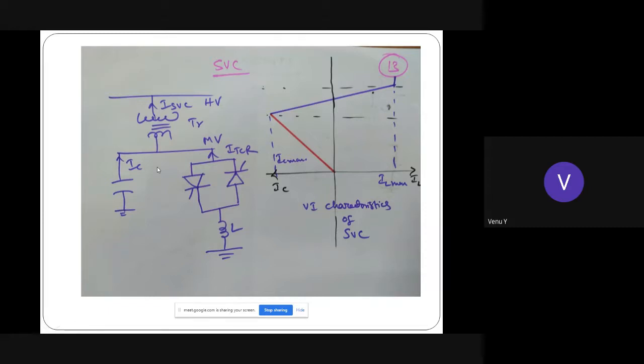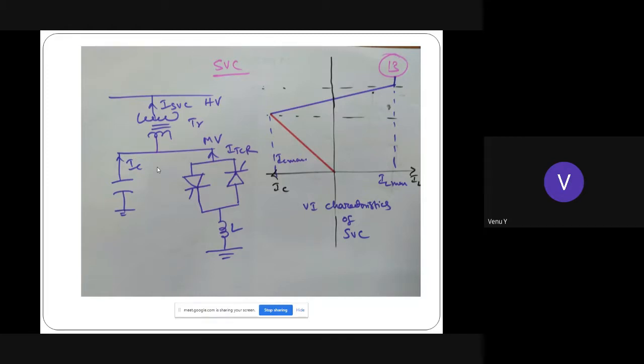Because when the load on the system changes, the reactive power demand also changes. For the variable reactive power demand, you need to provide the controlled current, which is provided by the thyristors. That's why it is also known as static var compensator. So this is an early FACTS device, that's why it is using thyristors or SCRs. In modern controllers, STATCOM will go for IGBTs or GTOs. So that is the major advantage of STATCOM compared to the SVC.